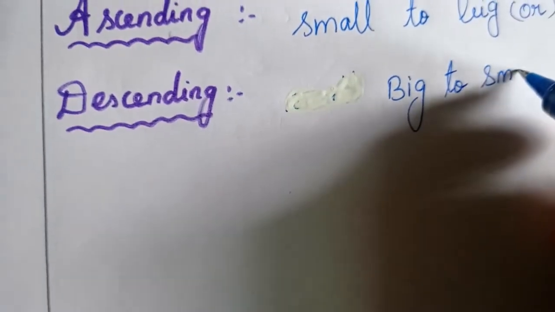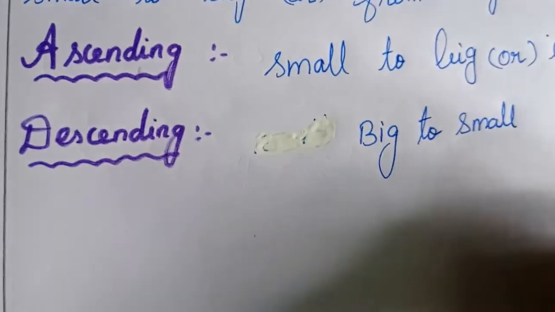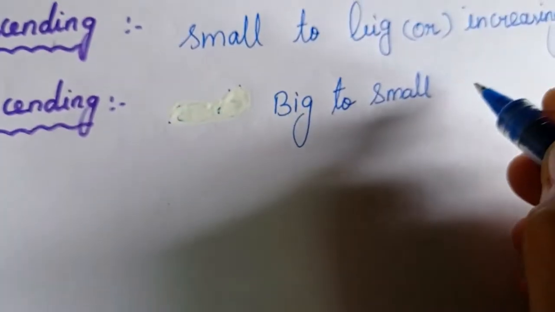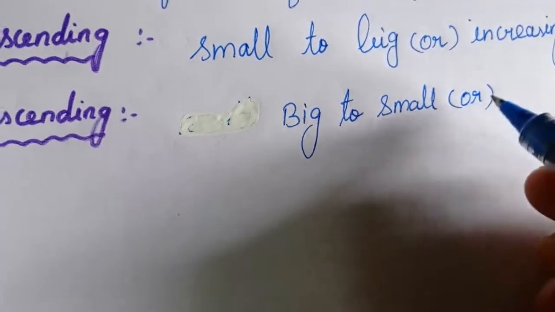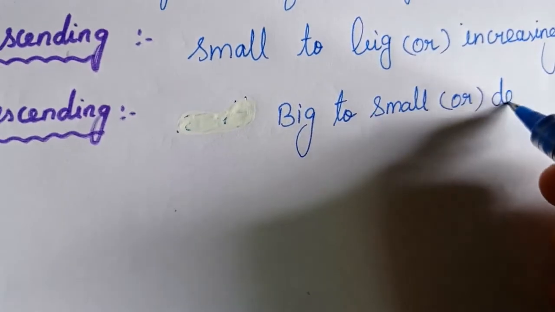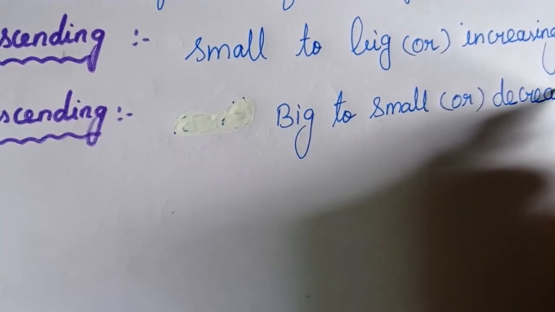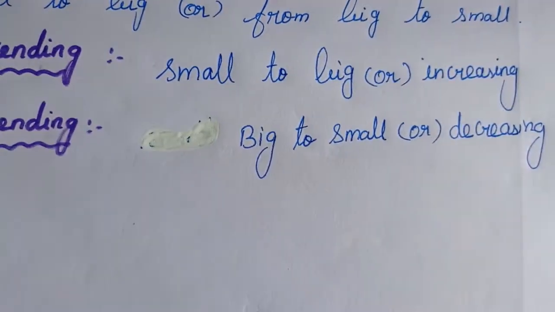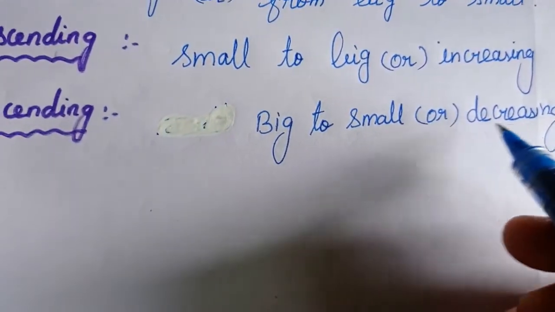This descending order is otherwise called decreasing order. Ascending means increasing order and descending means decreasing order.